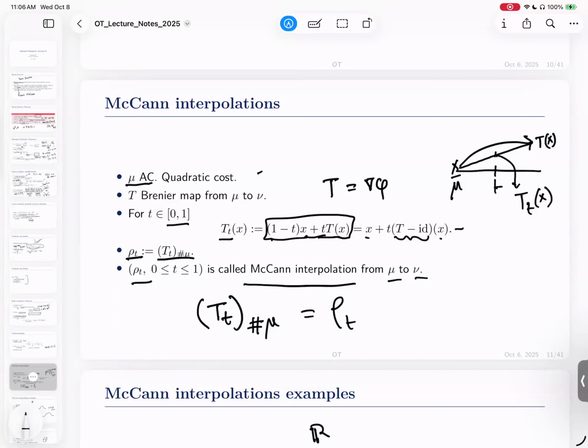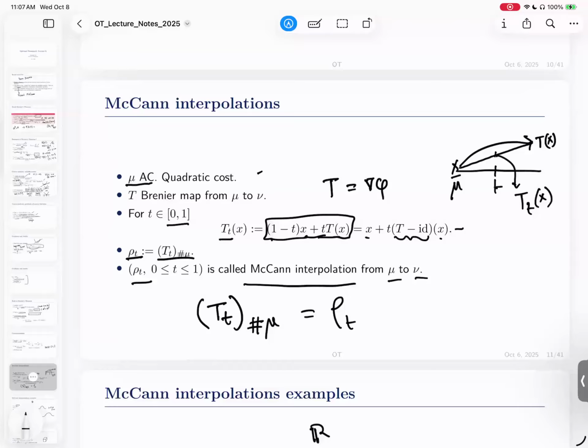What do you think? Is this question clear to everybody? So I want to check that my physical intuition says that all my intermediate transport should also be optimal. In particular, capital T_t must be optimal, but then it must satisfy Brenier's theorem, which means that it must be the gradient of a convex function.